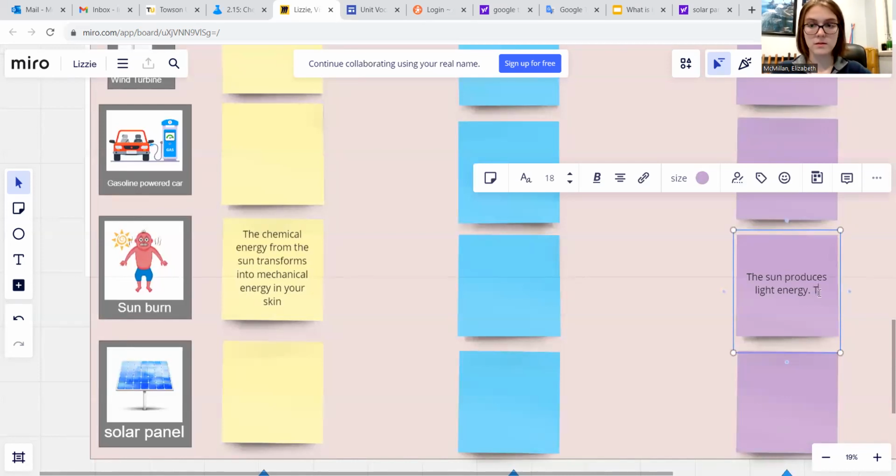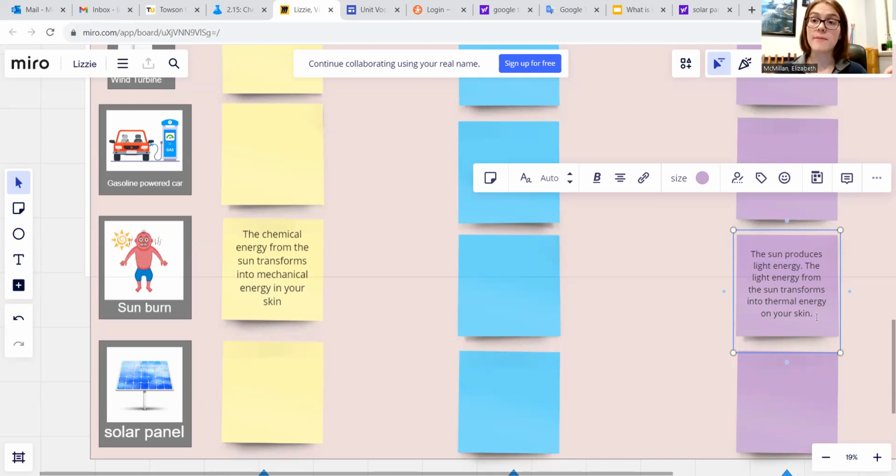So we're going to say in our comment, back over here, the light energy from the sun transforms into thermal energy on your skin. Okay, because there's our thermal energy and our light energy, which is what we should be looking for.